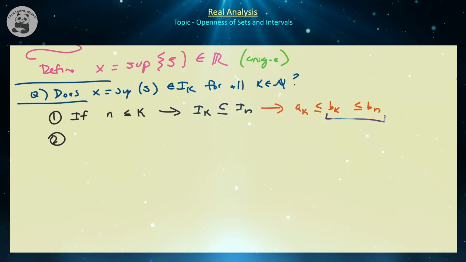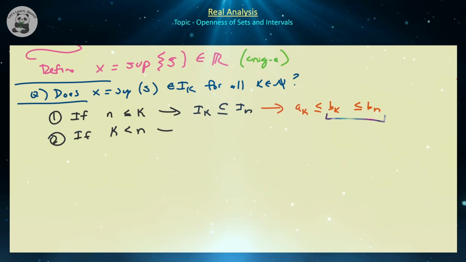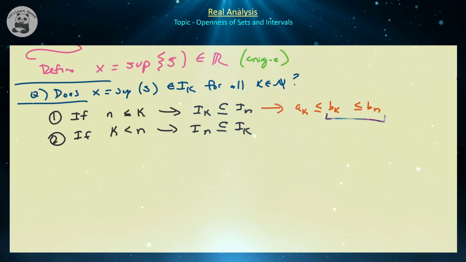Right? So the second thing I want to notice is the other direction. If k is less than n, so that covers both of these scenarios, then what do we have about In and Ik? Well, if that is the case, then In is a subset of Ik, or Ik is a covering of In. And if that is true, what do we have?